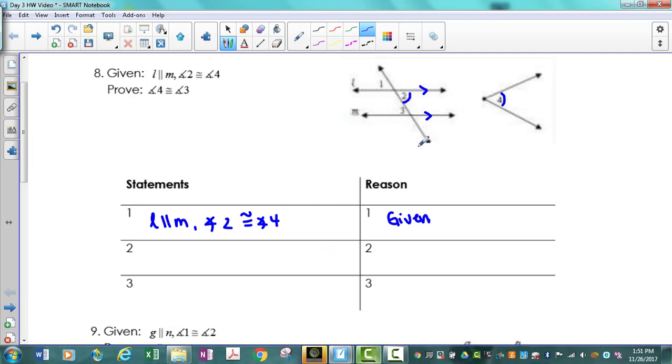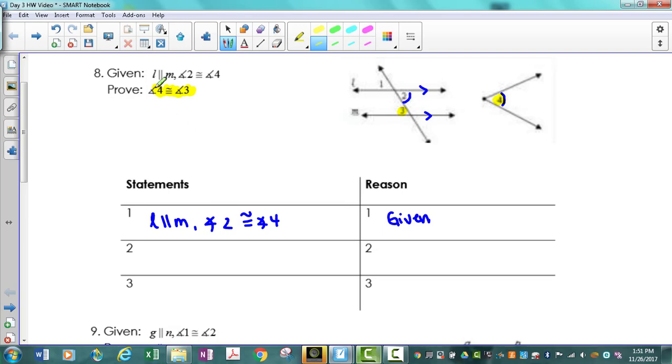Well, it looks like we have this transversal that runs through. We're trying to prove, so I'm just going to highlight what we're trying to prove, that angle 4 is congruent to angle 3. So angle 4, this extra angle over here that is on its own, is congruent to angle 3, which is an angle that's in this parallel line model.